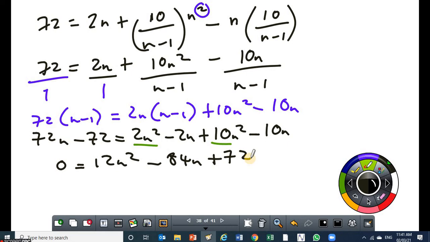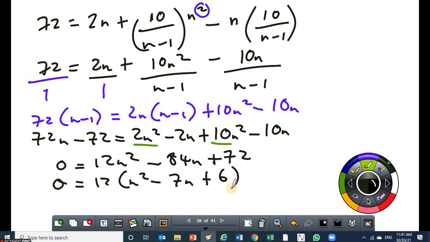Now fortunately here, we have a common factor, so I can simplify this equation. 12 is a common factor of 12, 84, and 72. So I can write 0 is equal to 12 times n squared minus 7n plus 6.